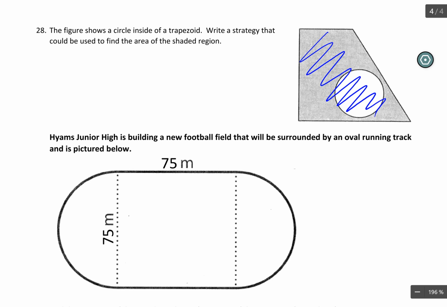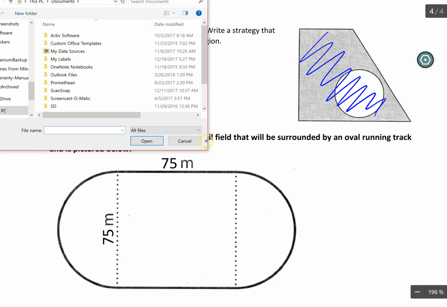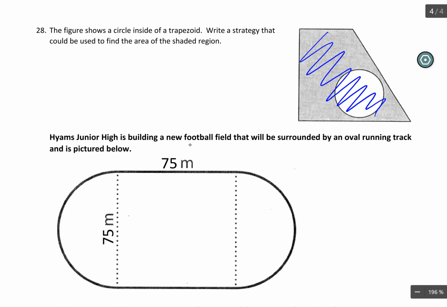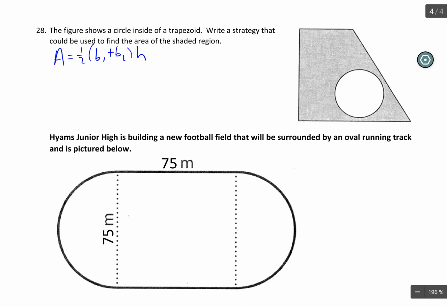But because I'm missing a piece, I have to subtract the piece that I'm missing. So my area equals 1/2 times base 1 plus base 2 times height, which is my area of my trapezoid, minus the area of my circle, which is pi r squared. If I do that, that's going to give me the area of my composite figure.